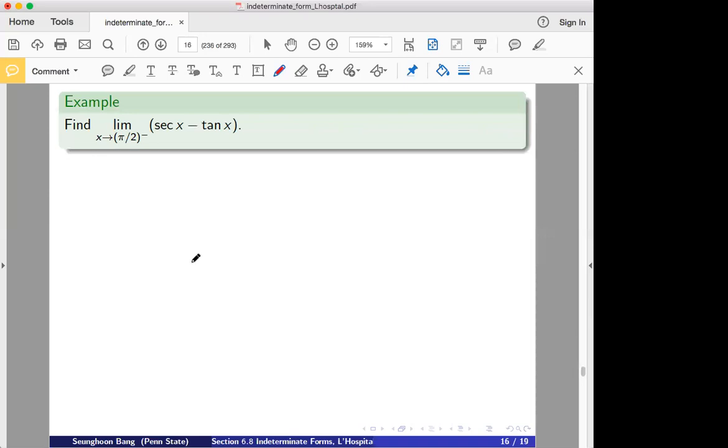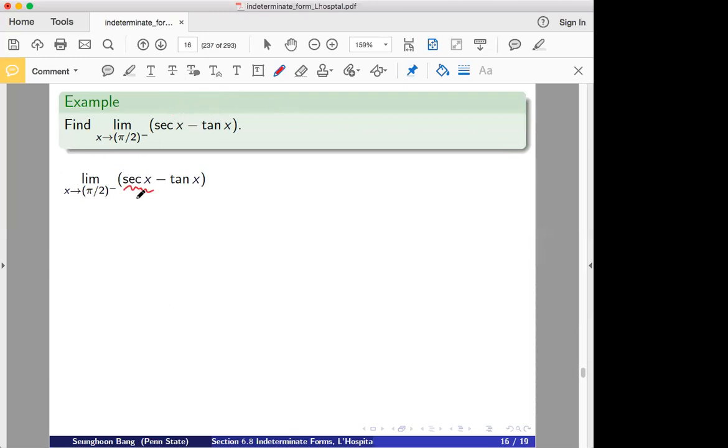So this case is exactly infinity minus infinity form. You can use a graph. This is very clear. How can you solve it? You can change it to the quotient form. Do you know the identity of secant? What is the identity of the secant function?